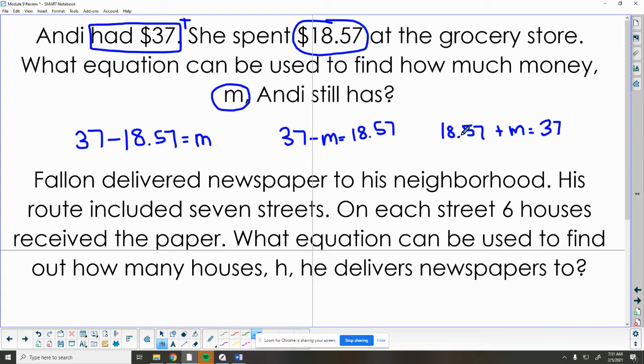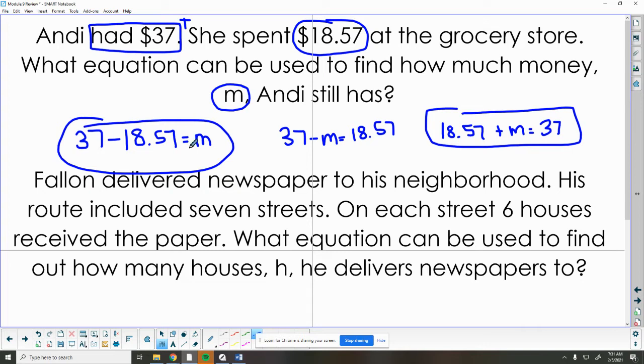So all three of these are going to give us the same thing here. So here we would do 37 minus 18.57. So here we would have to bring our M, just like we talked about, to the other side and make it positive. So we'd add M to both sides. So now it looks exactly like this one. When I bring it to the other side, I have 18.57 plus M. So to get M by itself, we minus, which is what we did here. We minused. All of these are exactly the same.